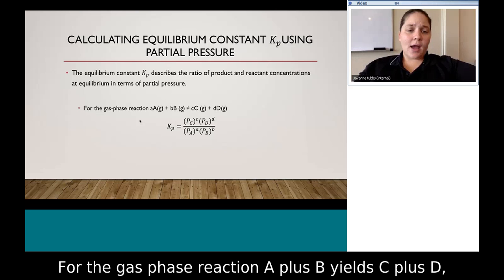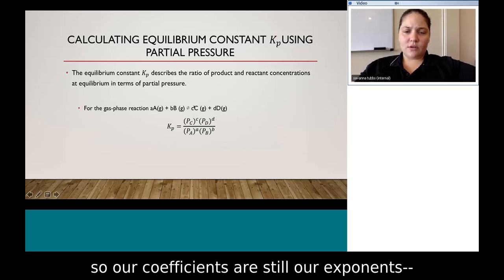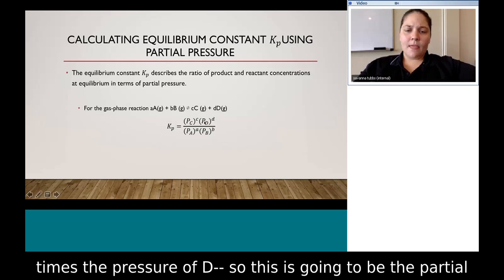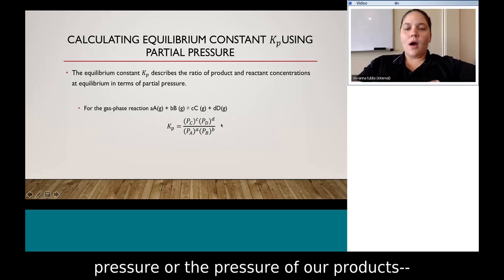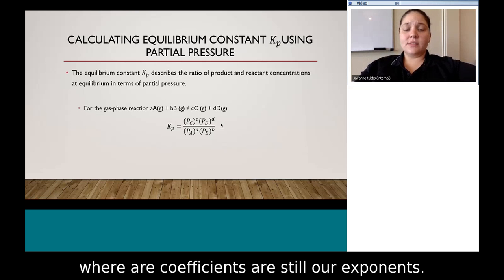For the gas phase reaction A plus B yields C plus D, our Kp is going to be the pressure of C to the C power, so our coefficients are still our exponents, times the pressure of D. So this is going to be the partial pressure of our products divided by the pressure of our reactants, where our coefficients are still our exponents.